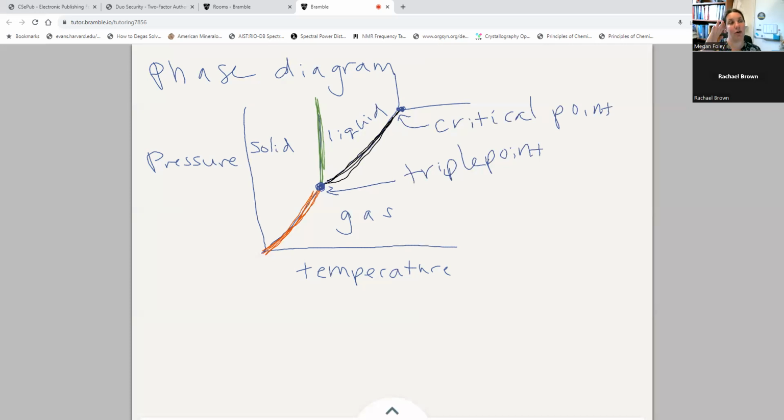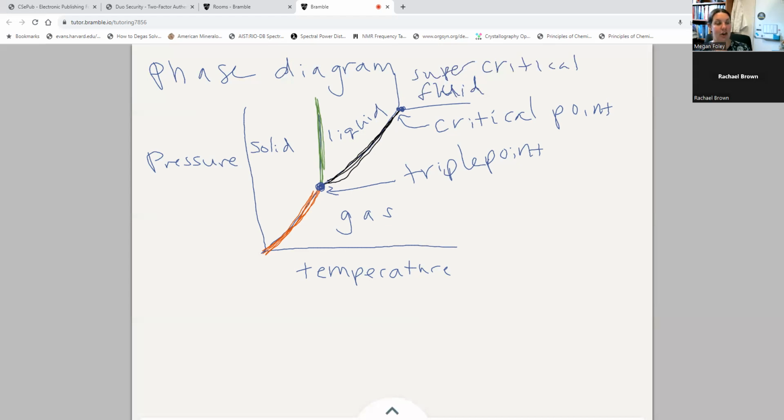Any temperature and or pressure above that point, we are in a supercritical fluid. That supercritical fluid is going to be a state where we're somewhere between a gas and a liquid. We can dissolve things like a liquid, but it has a density closer to a gas.